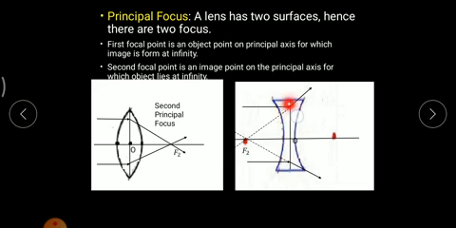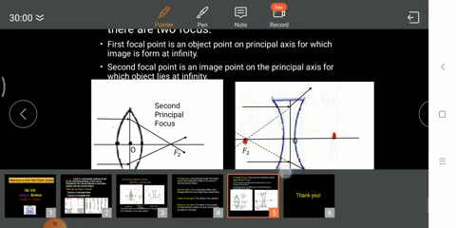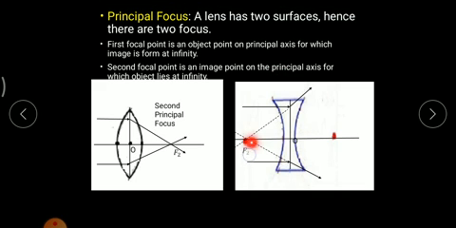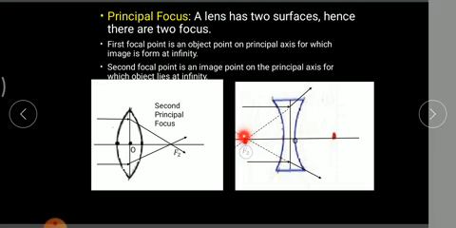As you can see, this lens is of diverging nature. The refracted ray is going in this direction. So I'm tracing the path of this refracted ray in the backward direction for this ray of light. The same thing is happening over here. For this refracted ray of light, I'm tracing the path in the backward direction, and the intersection of both refracted rays is at one particular point.